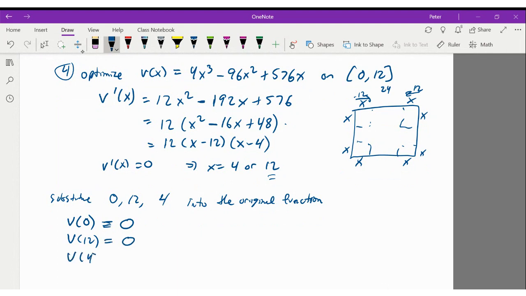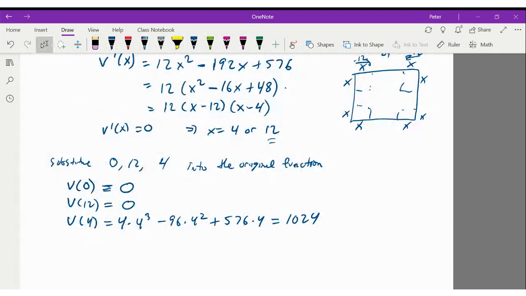If I put in 4, I get 4 times 4 cubed minus 96 times 4 squared plus 576 times 4. That comes out to 1024, which is obviously greater than 0.